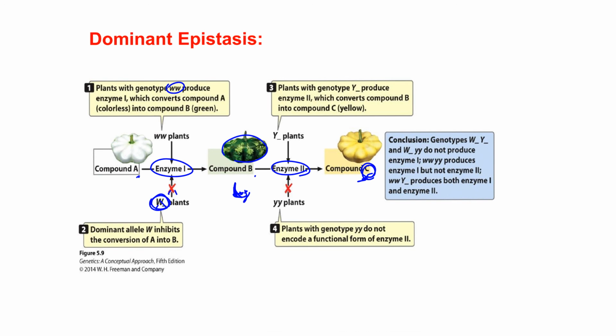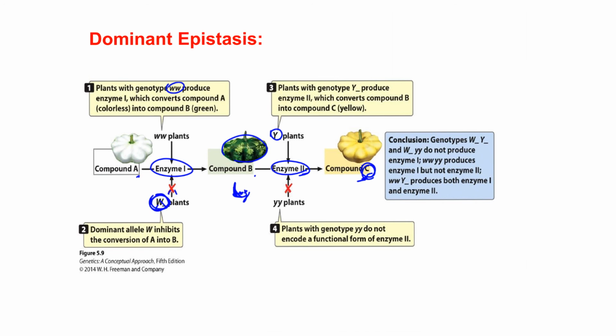However, enzyme 2 is not constitutively active, so you need to have at least one dominant allele which would encode production of this enzyme in order to have conversion from B to C, from green to yellow. So what does it mean? The outcome of this epistasis is that every plant which has at least one dominant W will be white.